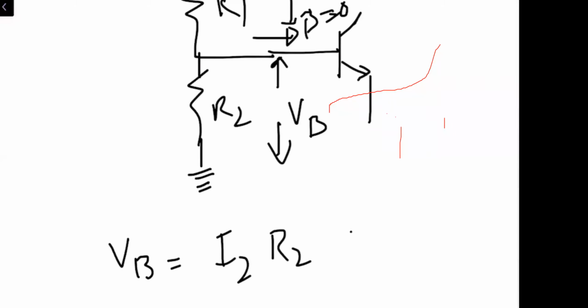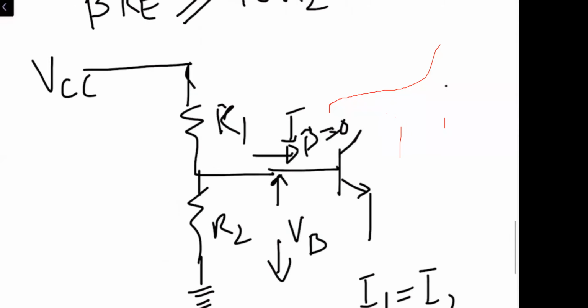And as we have said, I1 is equal to I2, so the current flowing over here is equal to the current flowing over here. I1 and I2 are the same current.